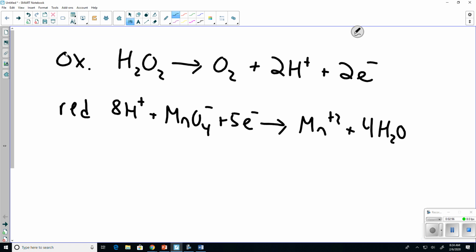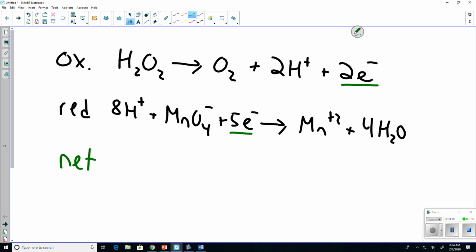Remember the purple stuff? Hydrogen peroxide, we put them together. Now, when we did this type of stuff in class, what we had to realize is that we needed to cancel out the electrons gained and the electrons lost in order to get our net reaction. Is this all ringing a bell?